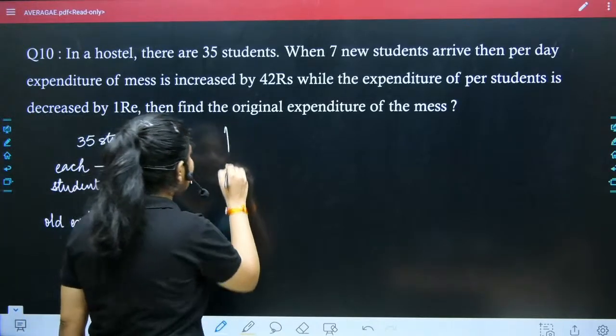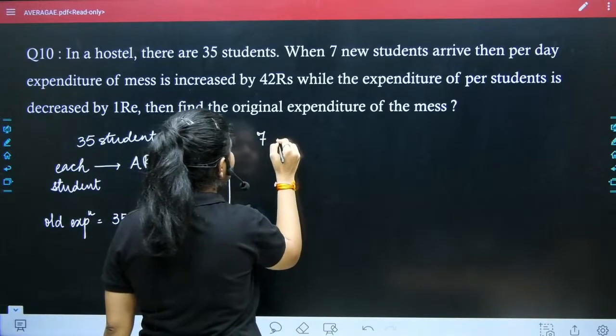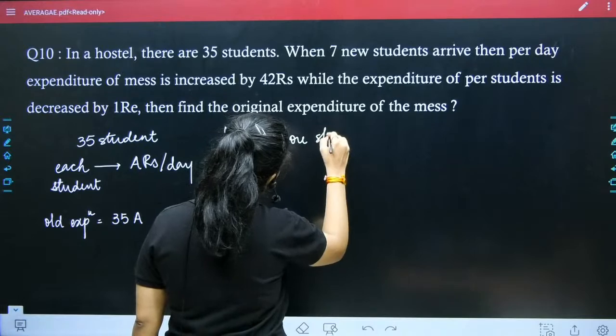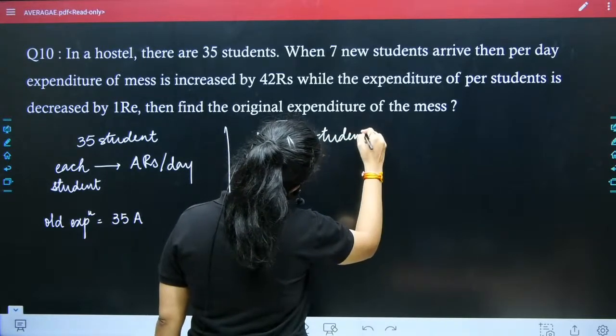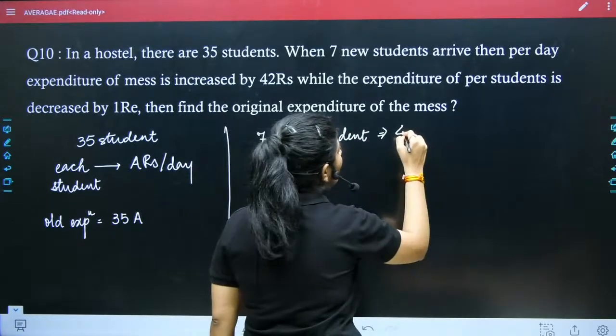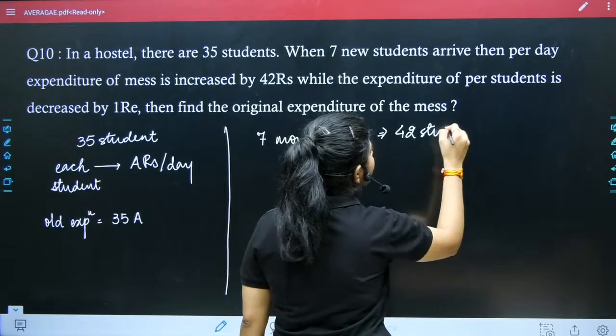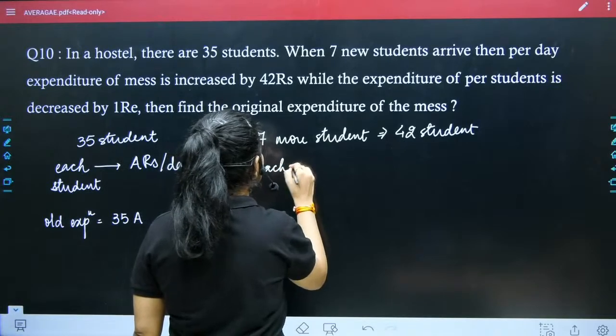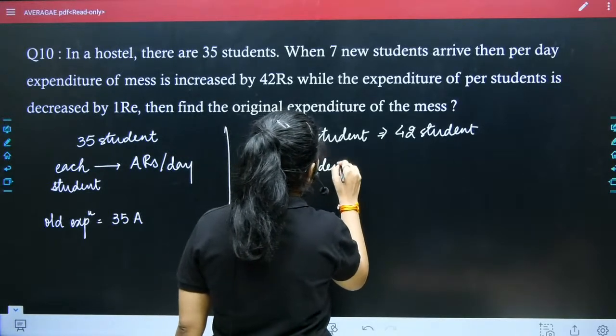But because of the addition of 7 more students, in total now we are having 42 students, and the average of each student is decreased by 1.